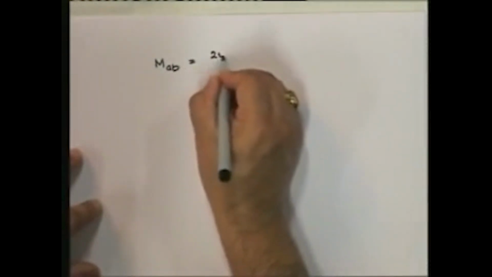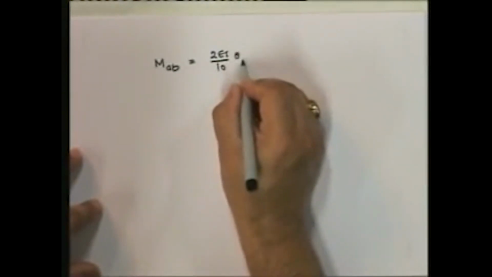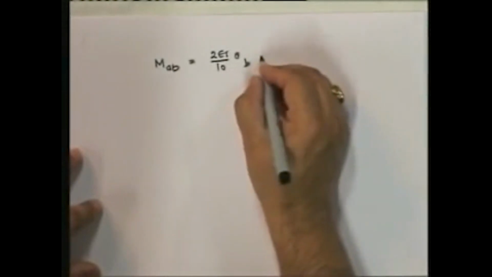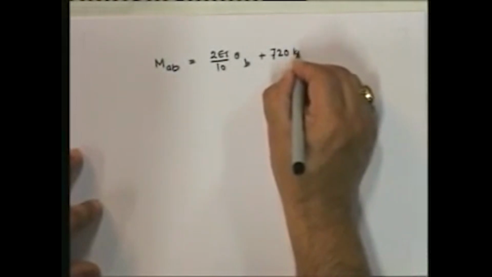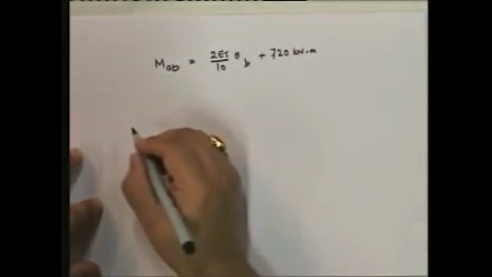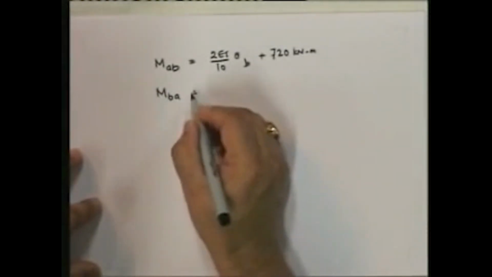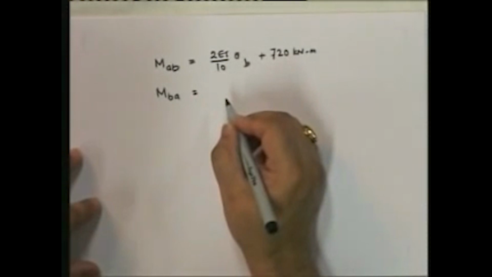MAB is equal to 2EI upon 10 theta B plus... You see, you plug in the value of EI.